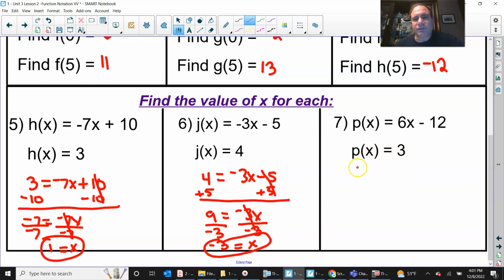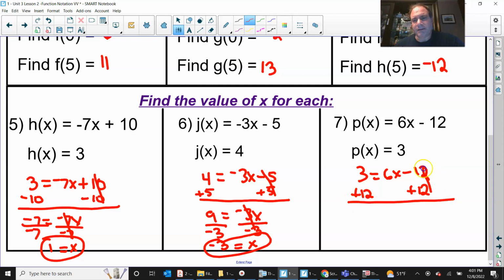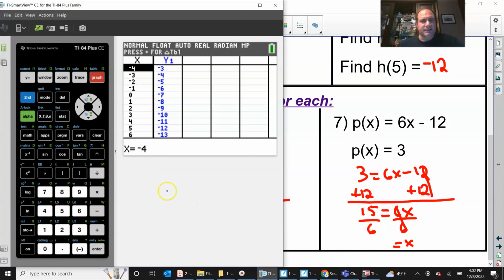P of x equals 3. 3 equals 6x minus 12. Add 12 on both sides. This cancels. You have 15 equals 6x. Then you divide by 6. X equals 15 divided by 6.